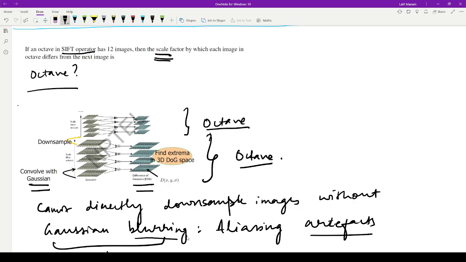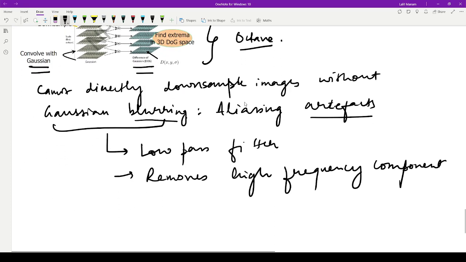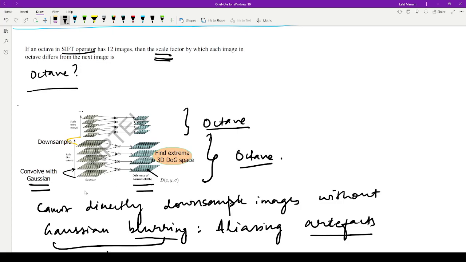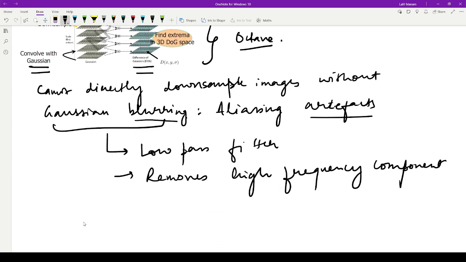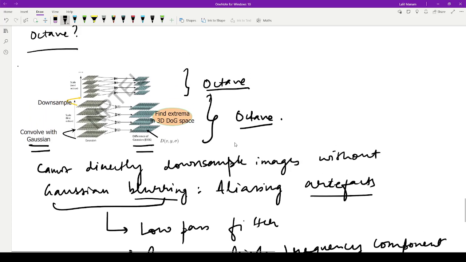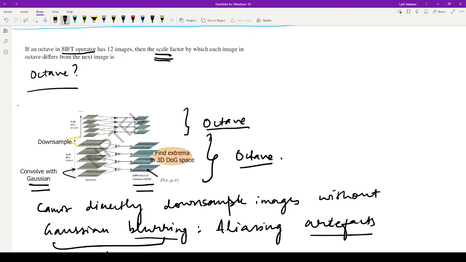So they convolve with Gaussian in such a way that the blurring factor is k. So if you have n images, for our question, if you have 12 images, then n is 12.